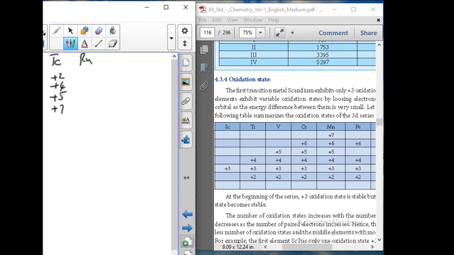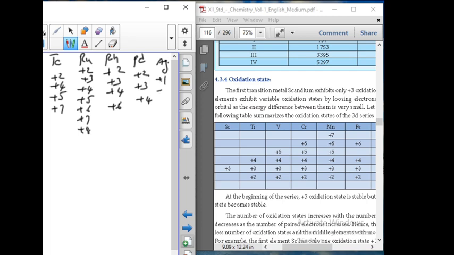Ruthenium can show +2, +3, +4, +5, +6, +7, +8. Rhodium can show +2, +3, +4, +6. Palladium can show +2, +3, +4. Silver can show +1, +2, +3.